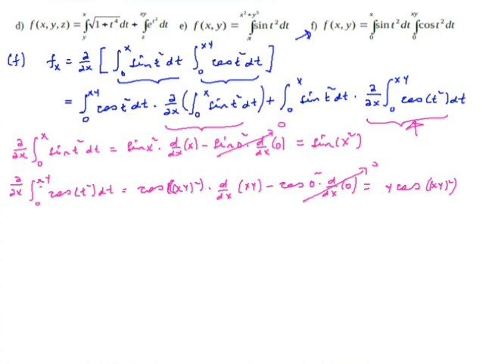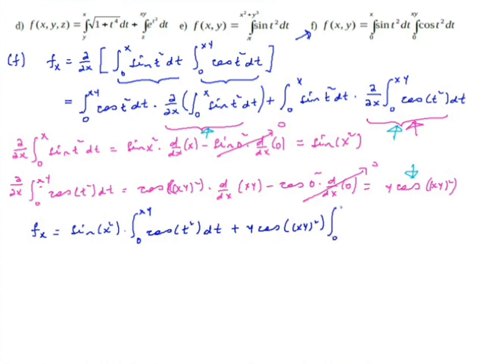We substitute these two things: here we have sine x square, and here we have this term. Therefore, what does fx become? fx becomes sine of x square times the integral from 0 to x times y of cosine of t square dt, plus y times cosine of xy the whole square times the integral from 0 to x of sine of t square dt.